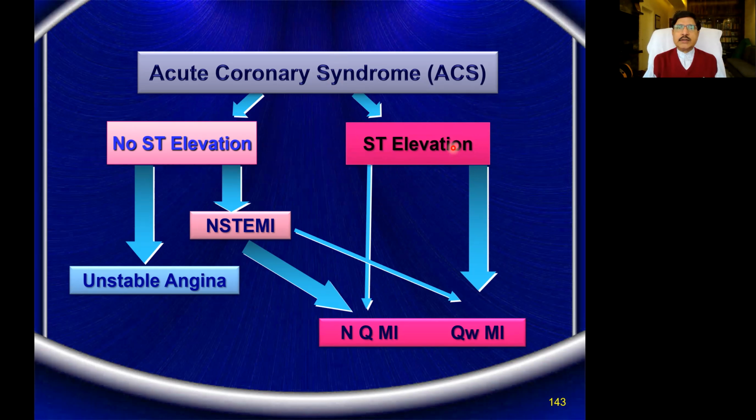We also learned that ST elevation can be due to sudden vasospasm, as in the case of Prinzmetal angina, where the ST elevation returns to normal. So this non-ST segment elevation has two components. One component is transient, the other is persistent. If it is transient, it is called unstable angina.